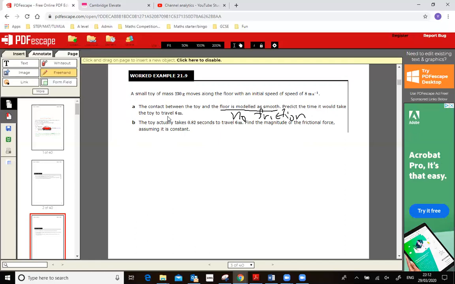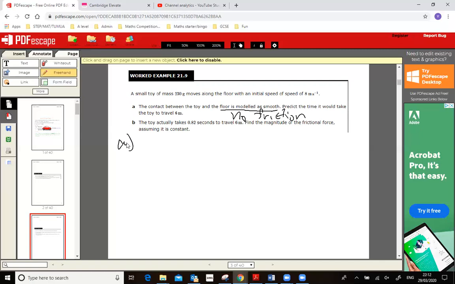Right, so for part A, it's actually fairly straightforward. We are looking for the time. We know the distance is 6 and we've been given the initial speed. Assuming there is no friction, we don't need to worry about the force acting horizontally.